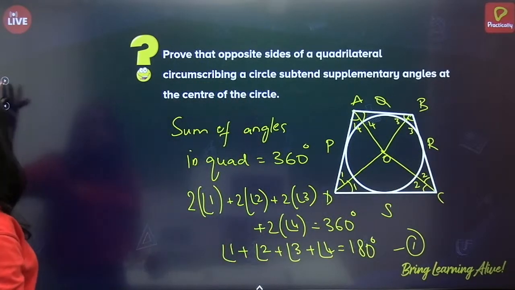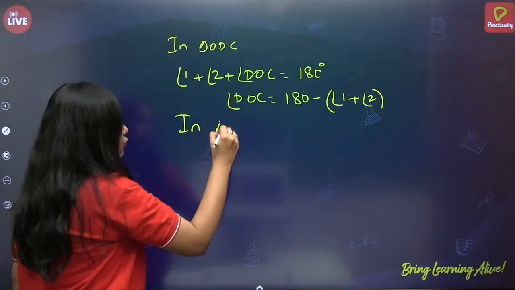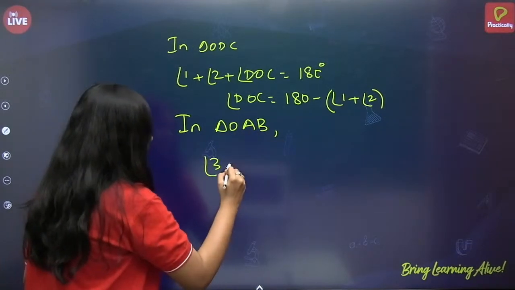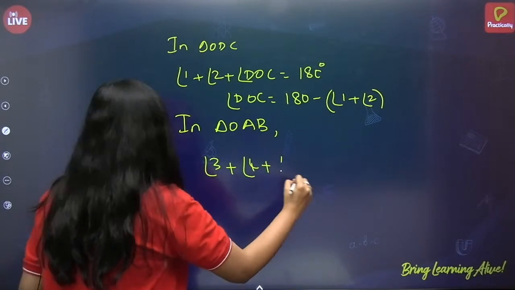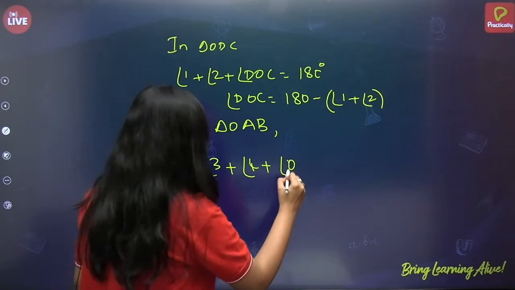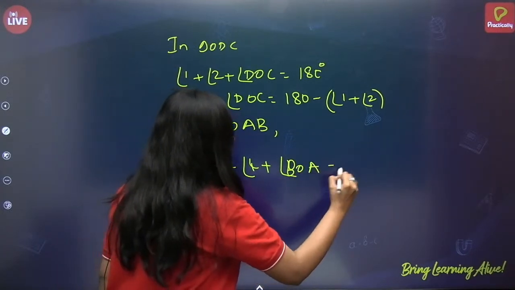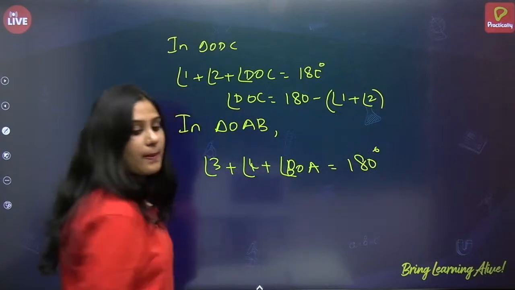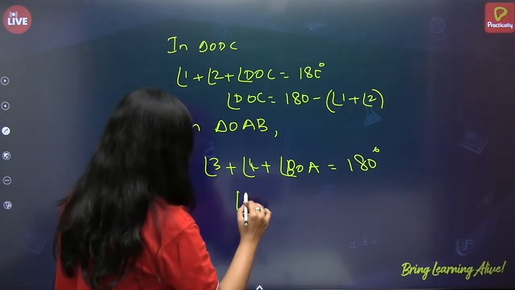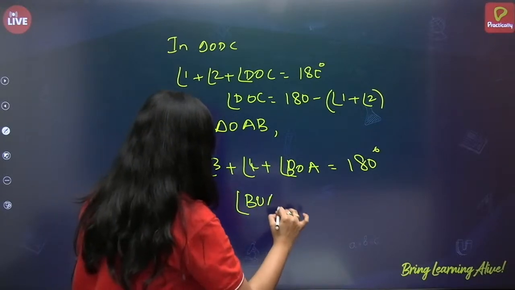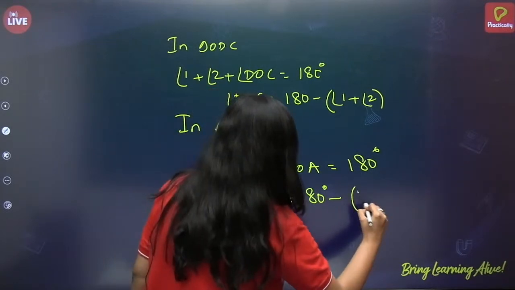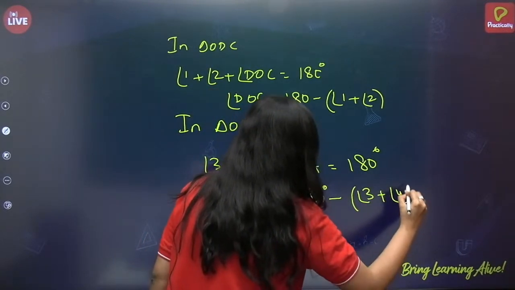Okay? So, in triangle OAB, what do we know? Angle 3 plus angle 4 plus angle BOA is equal to 180 degrees. Correct? So, angle BOA is equal to 180 degrees minus (angle 3 plus angle 4).